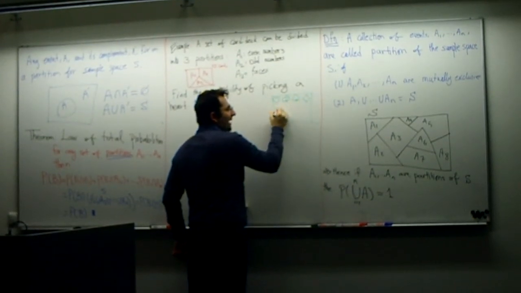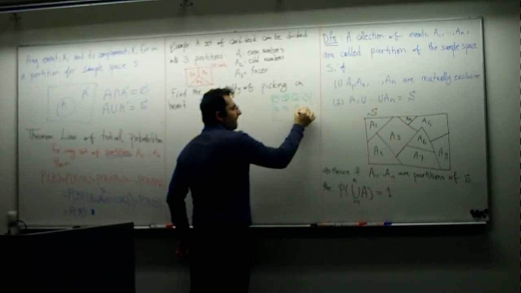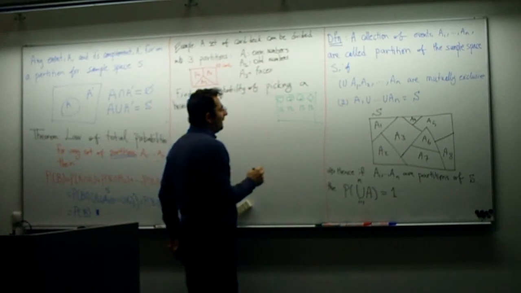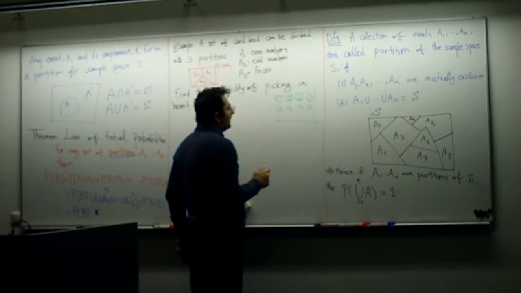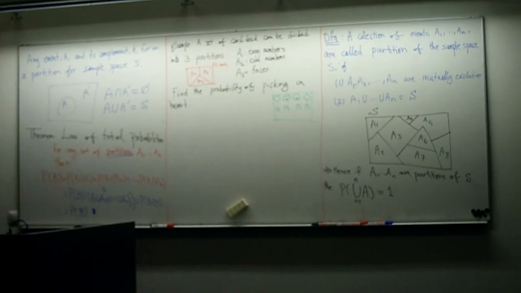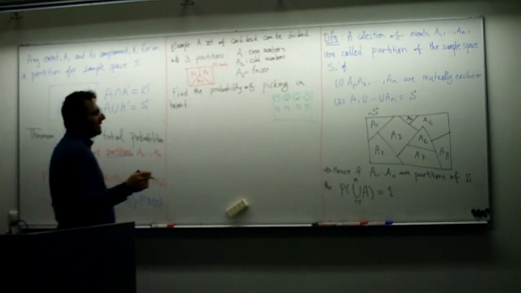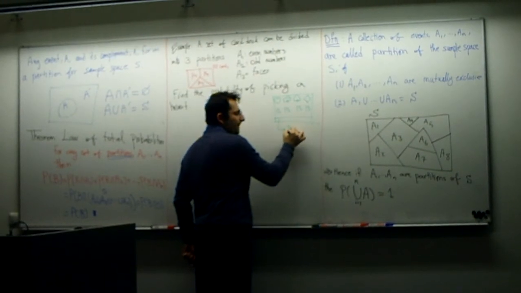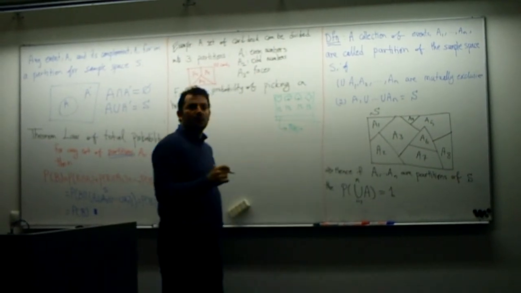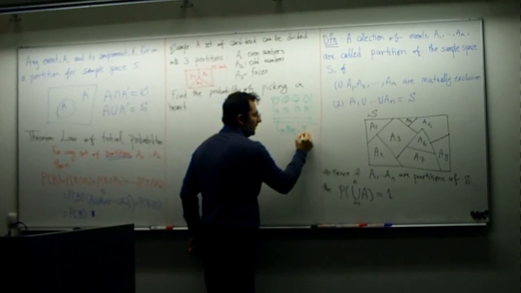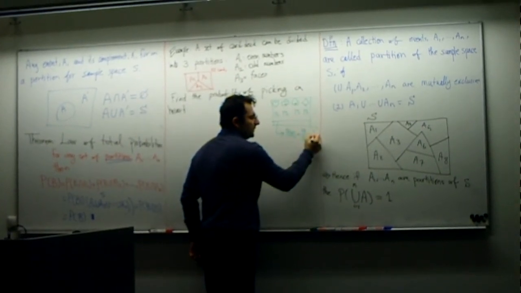And each of them has 13 cards, and they're all equally probable. So by looking at this, can you tell me what is the probability of having a heart? 13 over 52, which is 1 over 4.